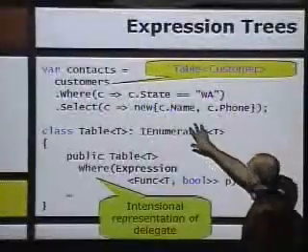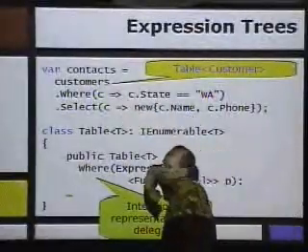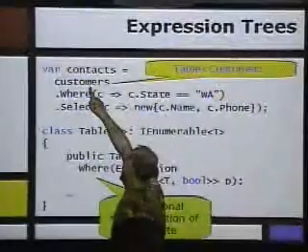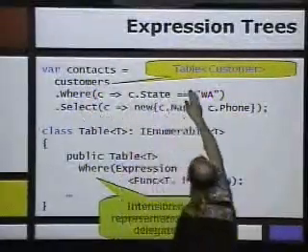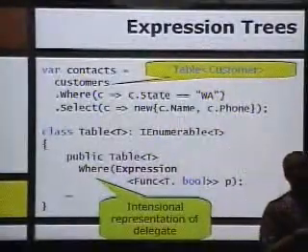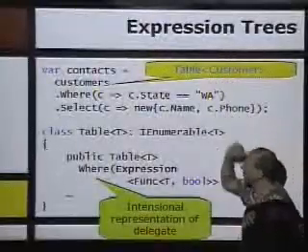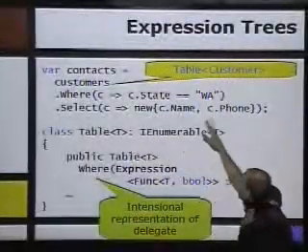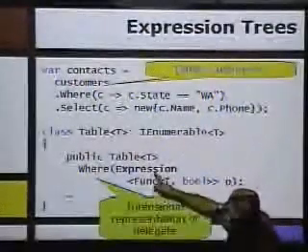So here's another thing, and this I think is truly beautiful. I still write the same query, but now suppose customers has type, say, Table of Customer, and Table is another kind of collection. It's a parameterized type. Table inherits from IEnumerable, but look at this.